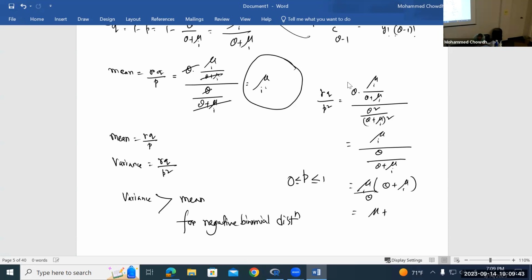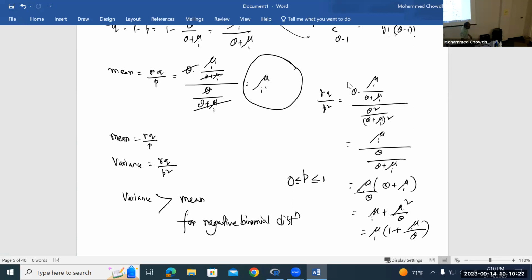mu plus mu square over theta. From here, if you compute this, mu over theta. This is the mean. Here there is always an I. Let me put it there so that you would not be confused. This is the mean, and this quantity is always greater than 1, because mu I and theta are parameters, and theta is always positive.